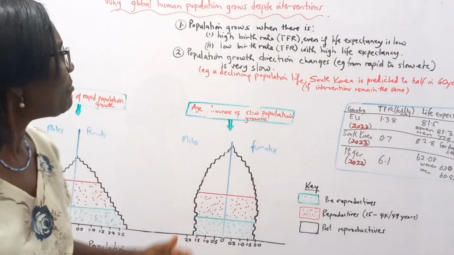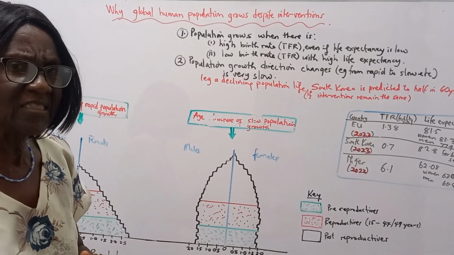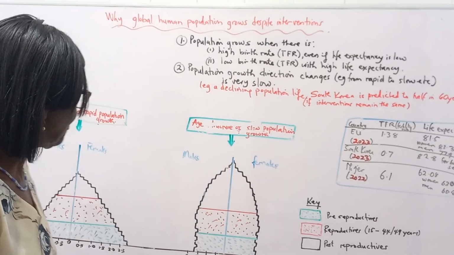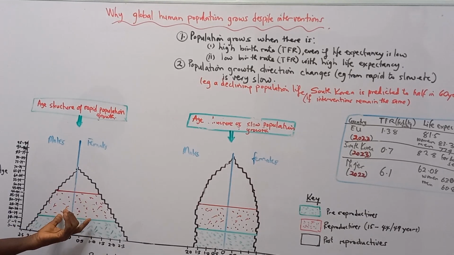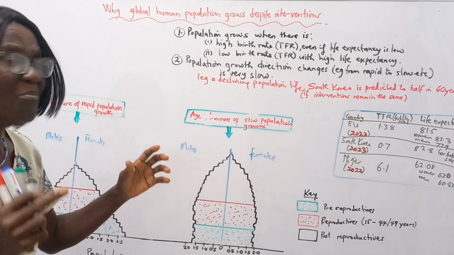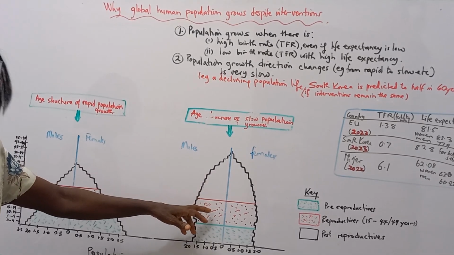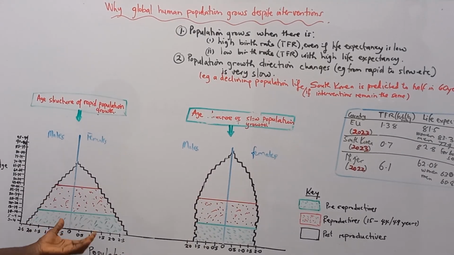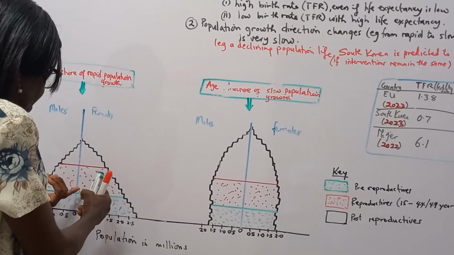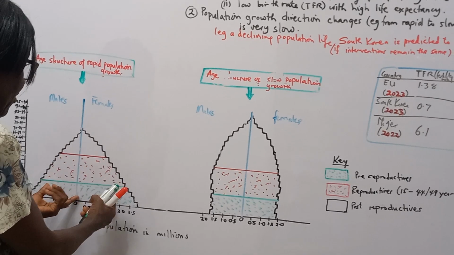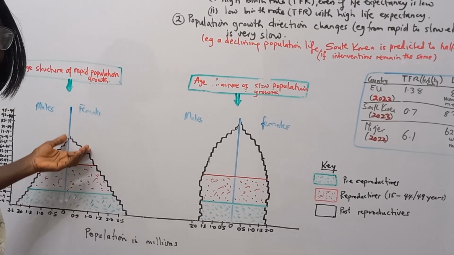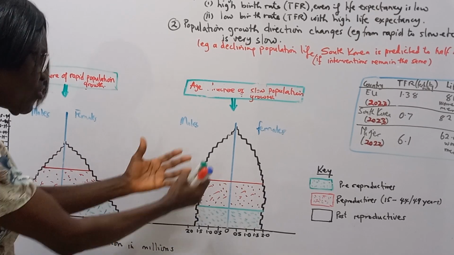Then another thing about why the world population still grows is that the population growth direction changes. If it's changing from rapid population growth to slow population growth, the change takes many years to come into effect, because every time there are reproductives producing new births to keep the population going, pre-reproductives also growing to become reproductives, and reproductives becoming old age, the population is still growing.